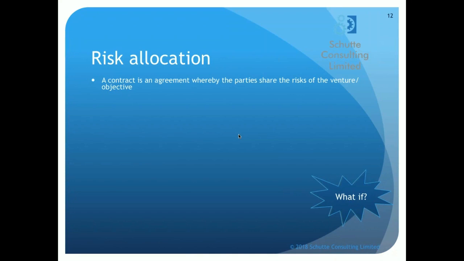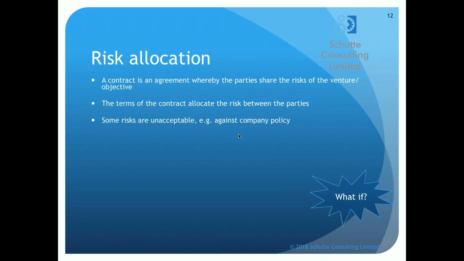Now that risk share might be 100% in one direction and 0% in the other, but nonetheless that is a share of risk. The terms of the contract that we've been talking about will allocate the risk as between the parties. So we drill right down into who's going to take on which risk and why.